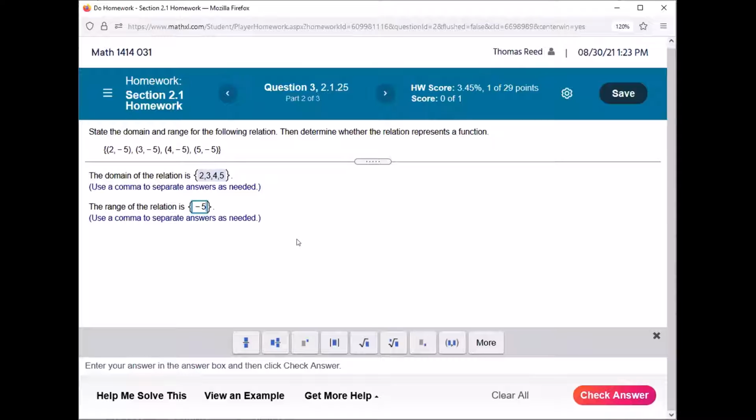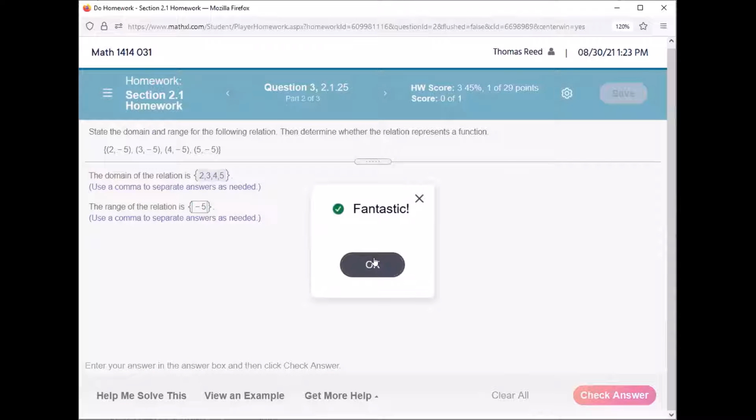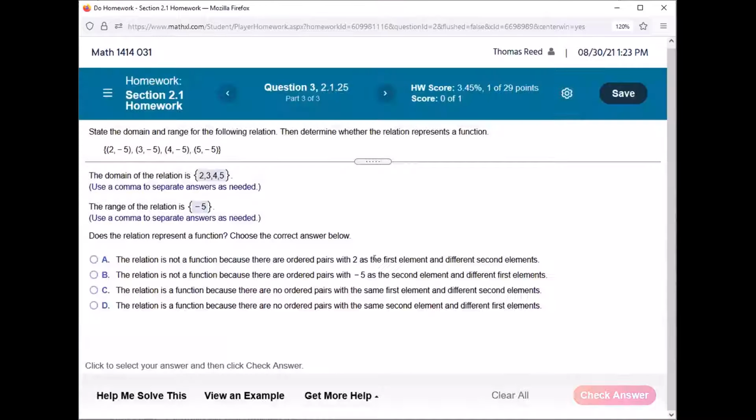If y'all were showing me your faces, you could shake your head and I would see you shaking your head saying no. Okay. So we only need to list it once because all they want to know is what shows up, not how many times it shows up. I don't think it'll count it wrong if you type it in more than once, but it'll fuss at you for doing that.